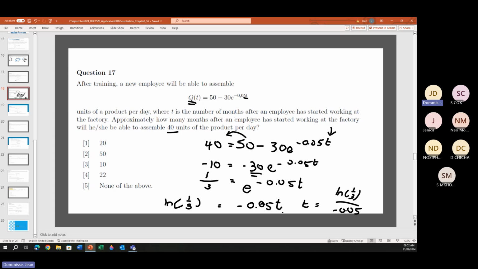So if we need to work out the ln of a third, we will put in 1 divided by 3, then take the ln of it, which is minus 1.1. If we divide it by minus 0.05, I get that the final answer is 21.97.